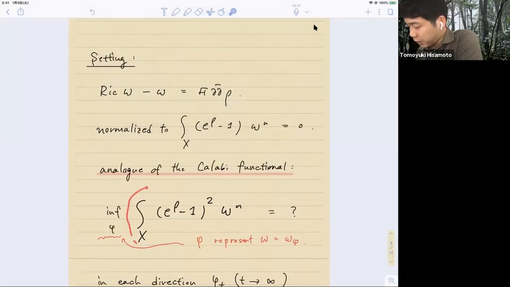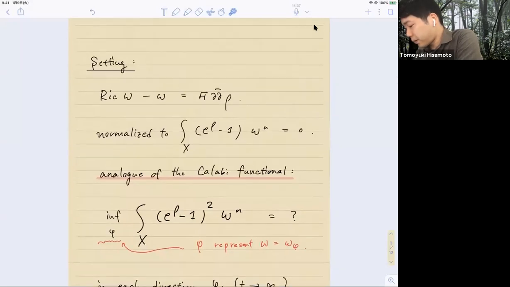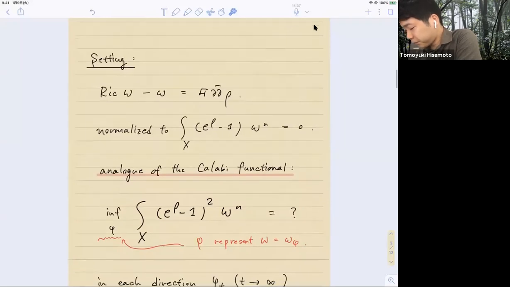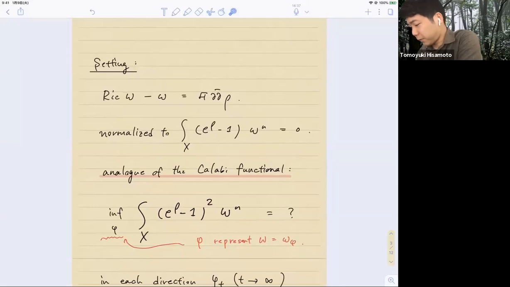This functional, the integration of the square of e to the rho minus 1, is simply the analog of the Calabi functional, which was originally defined in terms of the scalar curvature. But the difference is that we now consider the Ricci potential, so that we can only speak about Fano manifolds.